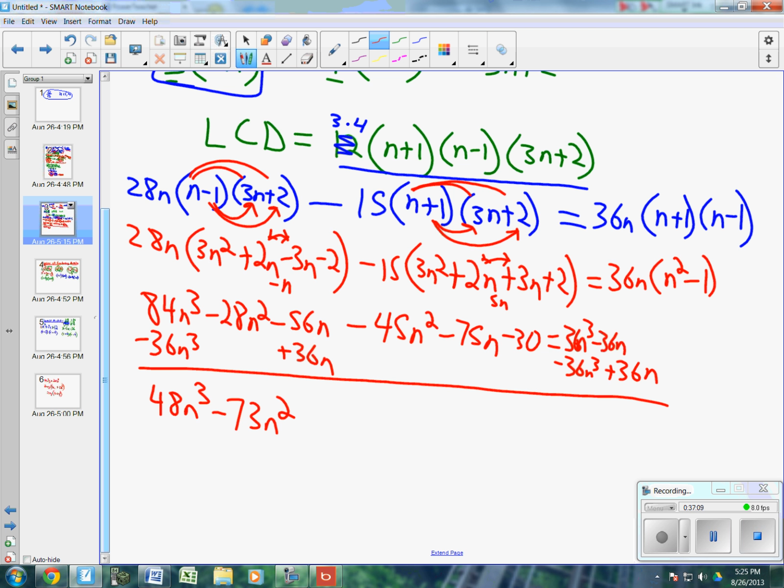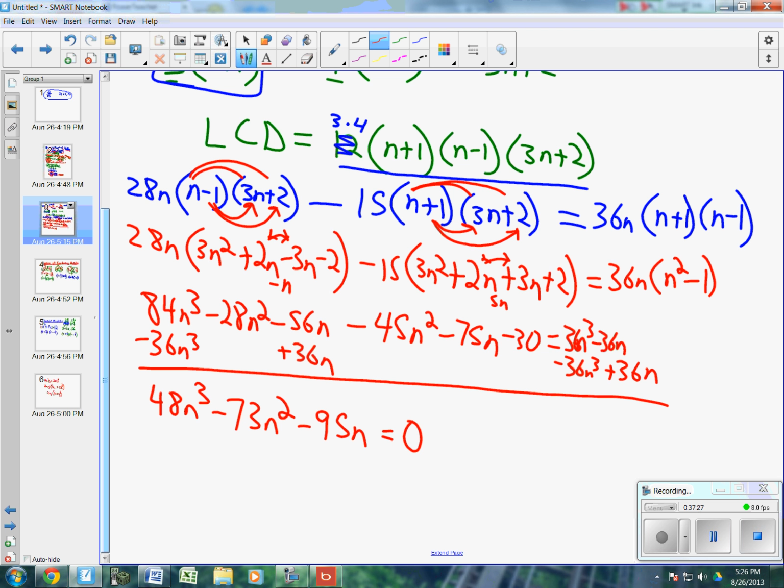Let's see, that's negative 56n plus 36n is negative 20n, minus 75n is negative 95n, equals 0.